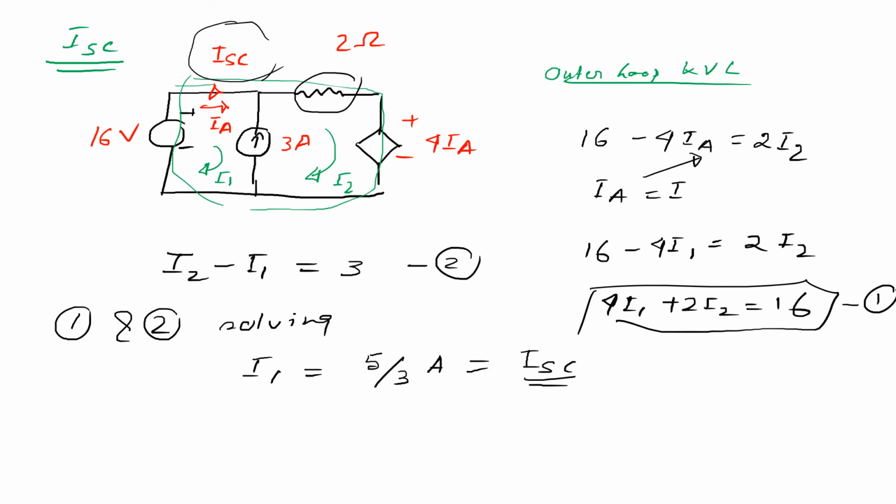Now already we calculated Vth, and now this is the value of the short circuit current. From that we can calculate Rth, that is Rth is equal to Vth by ISC. So Vth is 10, ISC is 5 by 3. What is the value? The value of Rth is 6 ohm. Okay. Now what is our target? Our target is to find out the current flowing through the resistance R1.